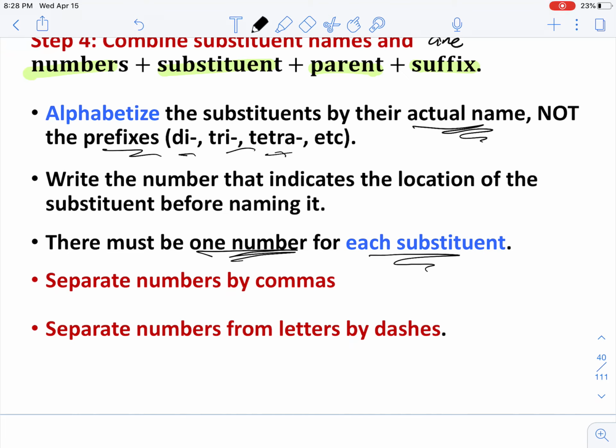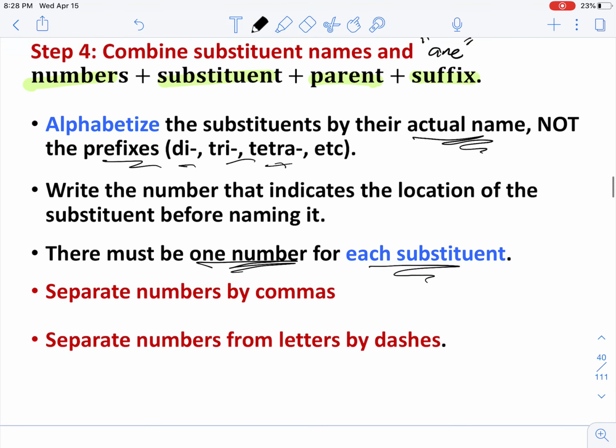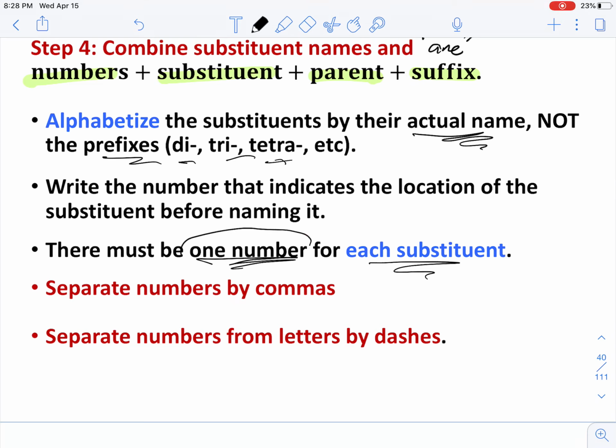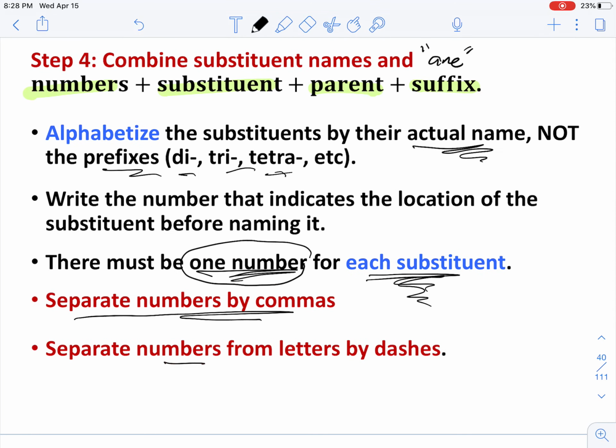If there are two or more of the same substituent, or different substituents, you need to provide one number for each substituent. And you're going to always separate the numbers by commas. And then if you have a number and then a letter, you separate them using a dash.